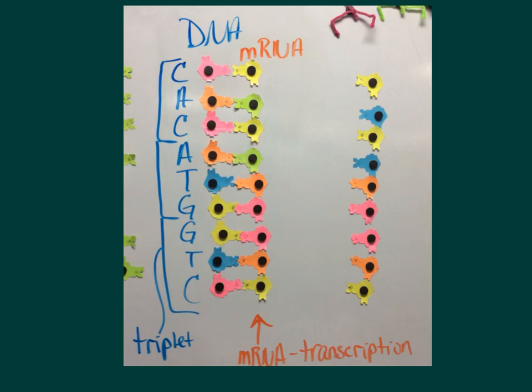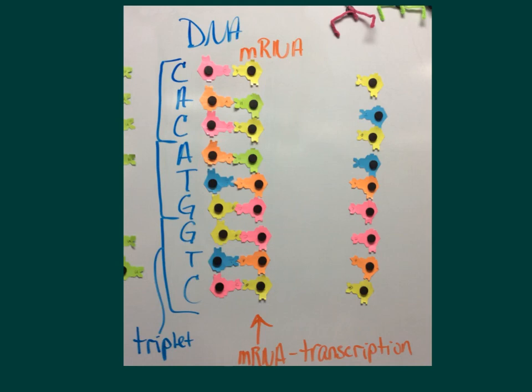That's your uracil. C still base pairs with G, but A base pairs with U. T still base pairs with A, but again, there is no U in DNA. This is transcription happening in the nucleus of the cell.